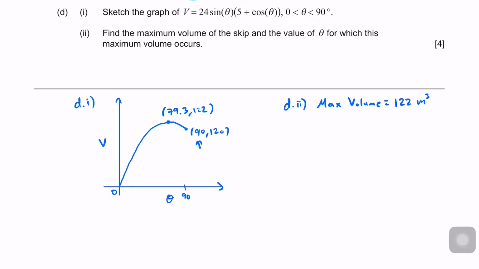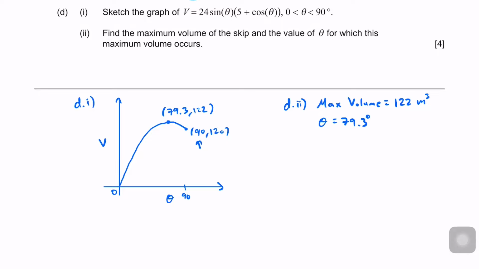And then the theta value in this case would be 79.3 degrees. All right. I think that is good. Maximum volume of the skip and the value of theta for which this occurs. Good. I think that's it.